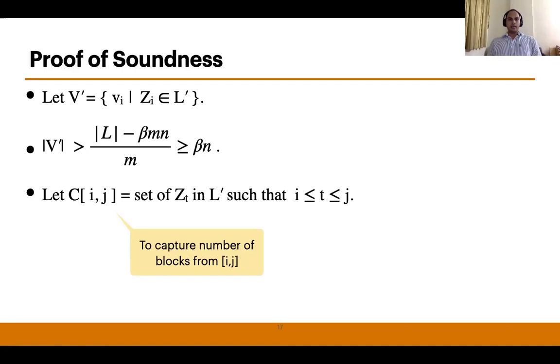Let Cij be the set of all blocks zt in L prime such that the index t is between i and j. We use this notation to capture the number of blocks between index i and j. When we take the ratio of the cardinality of set Cij divided by the difference j minus i, we get the density of the blocks in L prime between index i and j.